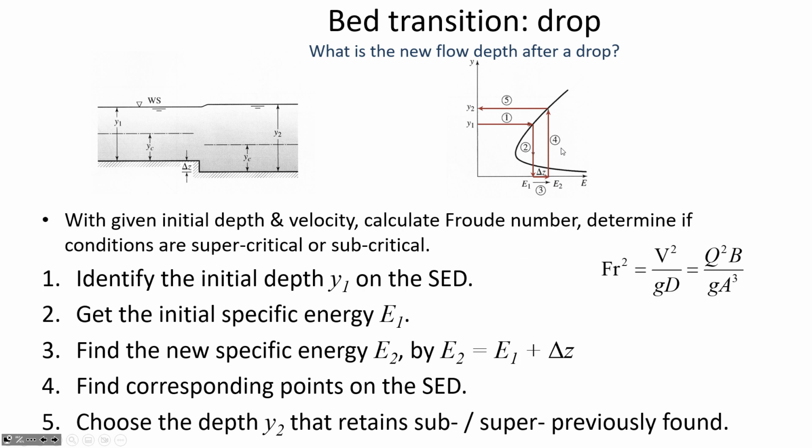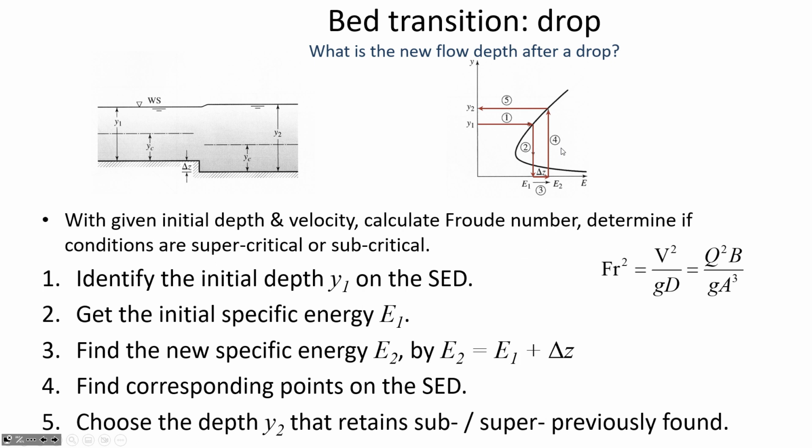Or the other way to express it, of course, Y2 plus Q squared divided by 2gA squared. Now, A at location 2 is going to be different than A at location 1 because they've got different depths, even if the channel is rectangular and the width is the same. And so we're going to be expressing the area in terms of the depth.